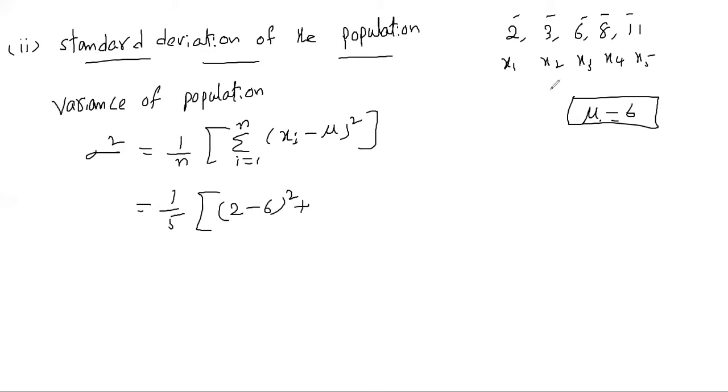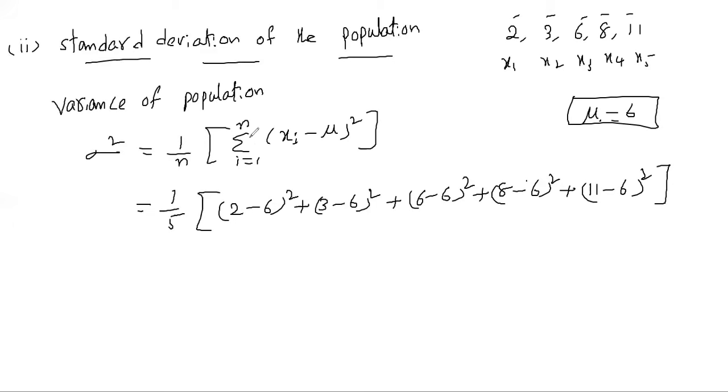Next, x2 minus mu, 3 minus 6 whole square. Next, x3, 6 minus 6 whole square. Next, x4, 8 minus 6 whole square. Next, plus, 11 minus 6 whole square.